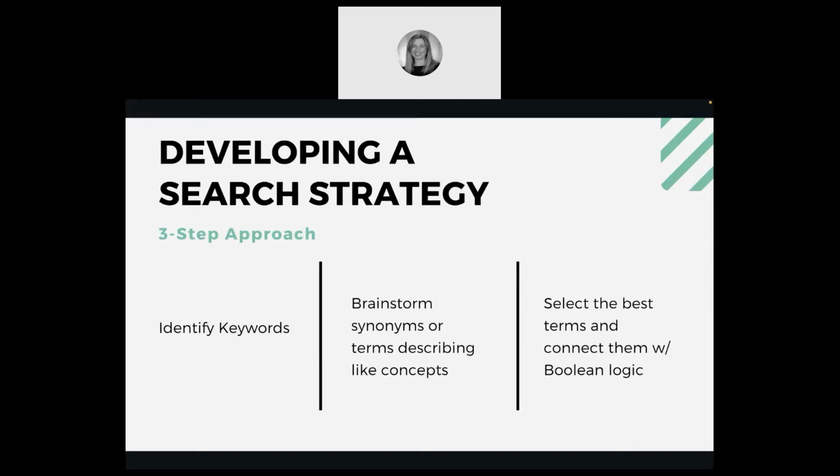Not every author is going to use the exact same words, so you'll need to think of some synonyms that go with the keywords you've identified. And after you've gathered a list of keywords, you need to consider the best way to combine them. Think about which combinations of keywords would give you effective results in the databases. You'll need to consider all three of these strategies as you begin the research process.